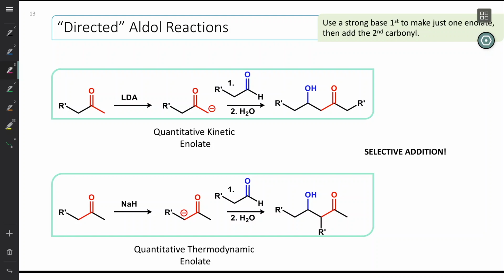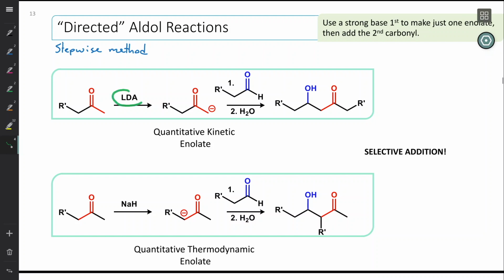In a directed aldol, we're going to do things in 2 steps. First, we're going to take the compound that we want to make the enolate with, all by itself, we're going to add a strong base, and then we will get a quantitative amount of our enolate.